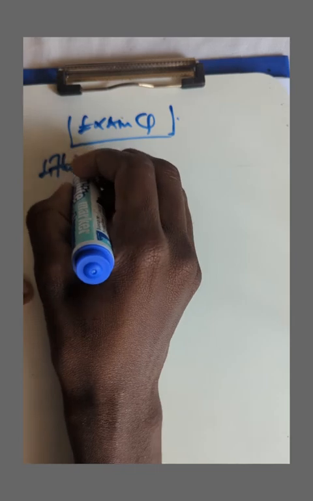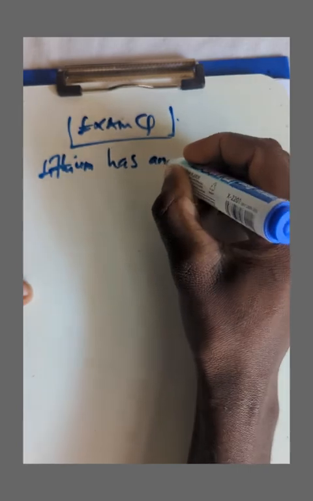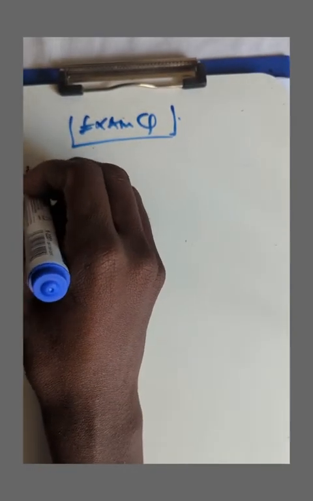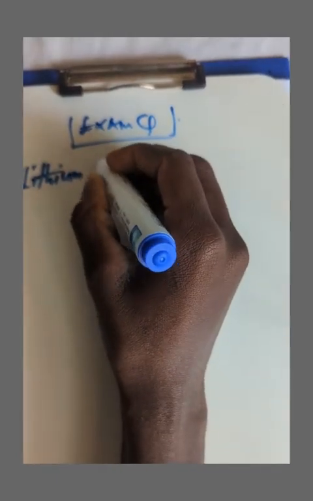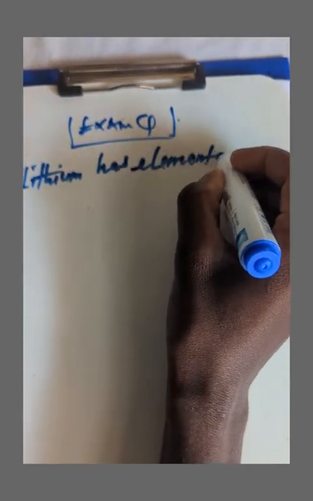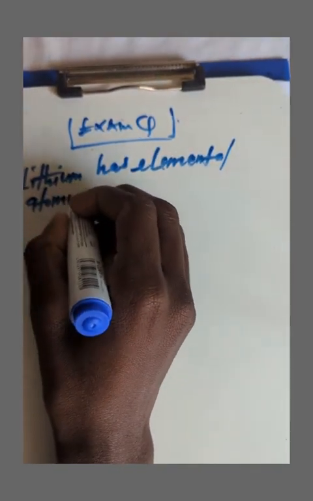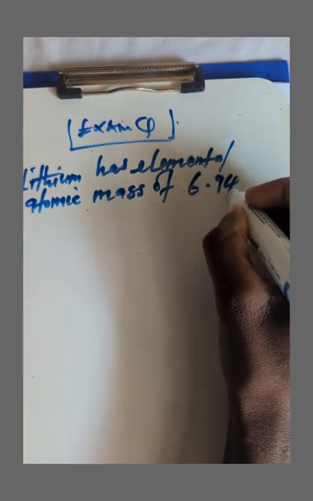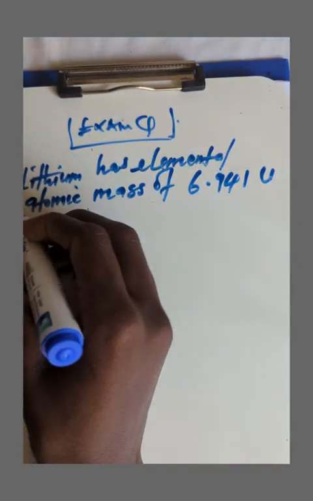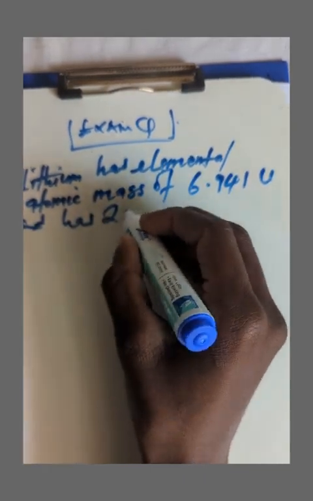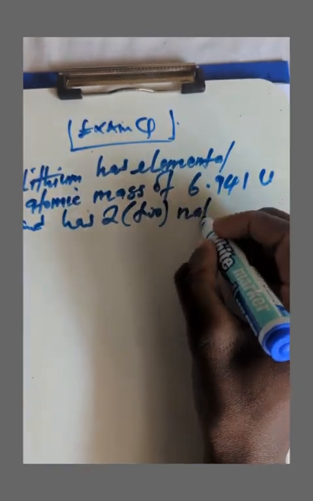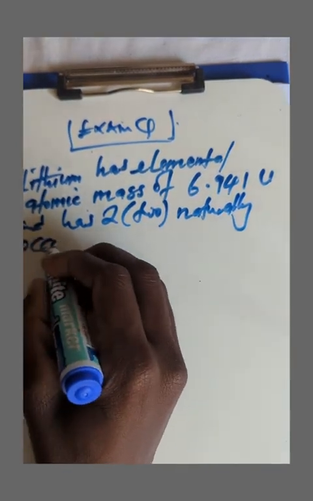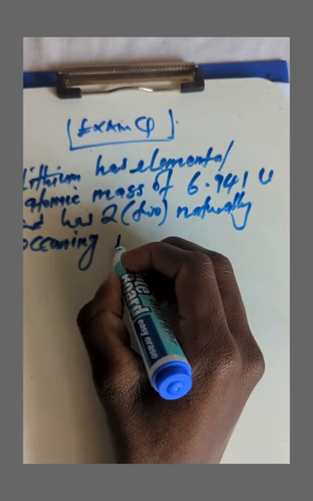Lithium has an elemental atomic mass of 6.941, and has two naturally occurring isotopes.